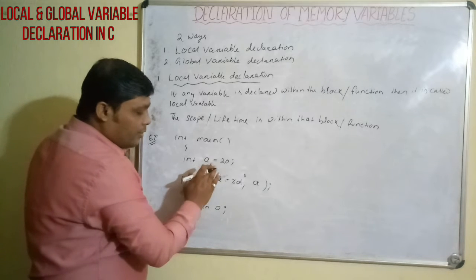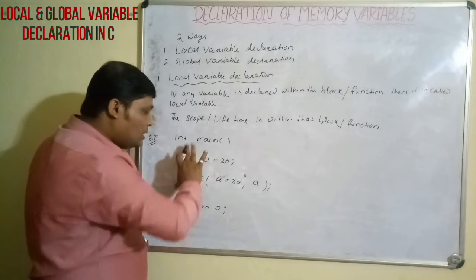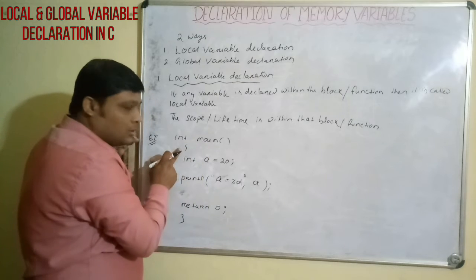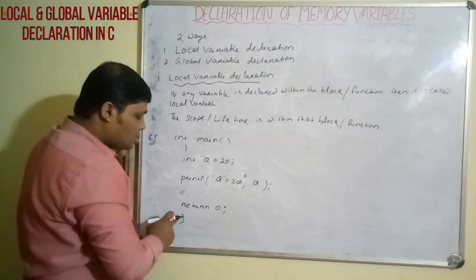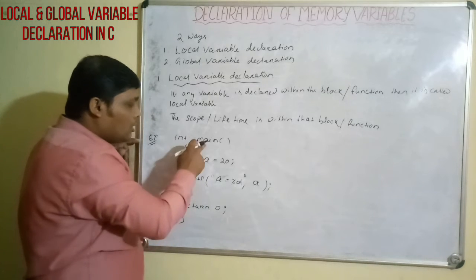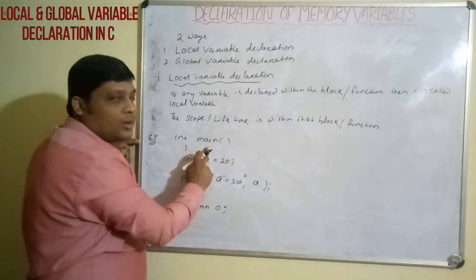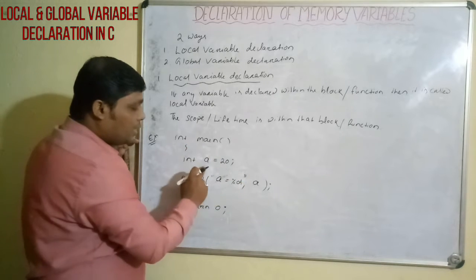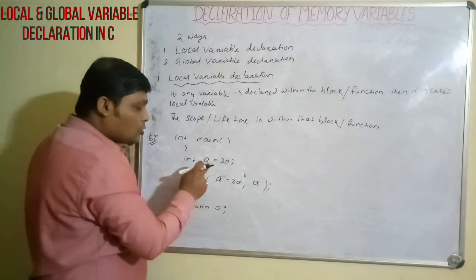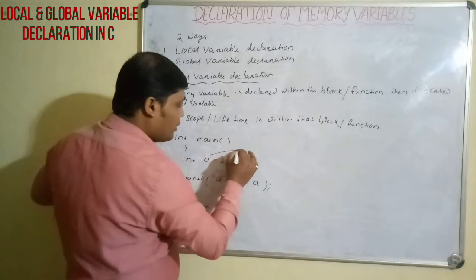Here I have declared a variable a within a block. This is a starting curly brace, this is the ending curly brace. Within that block, within the main function, I am declaring this variable a. So here a is a local variable.